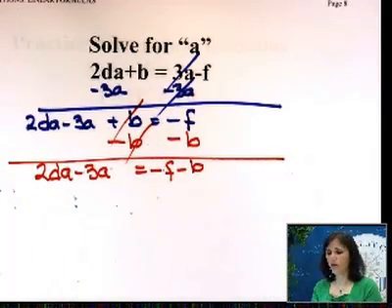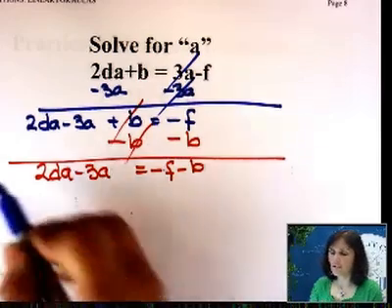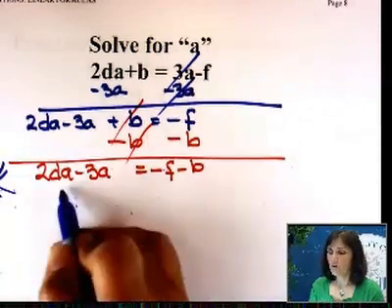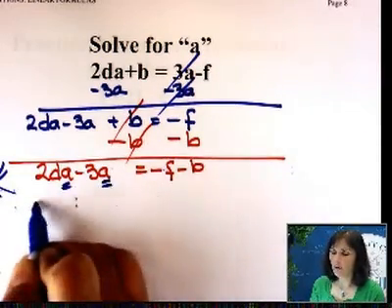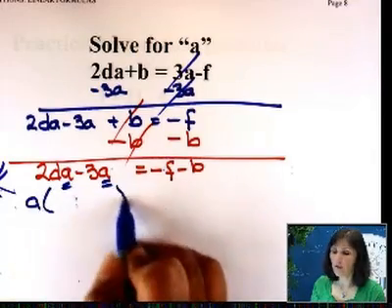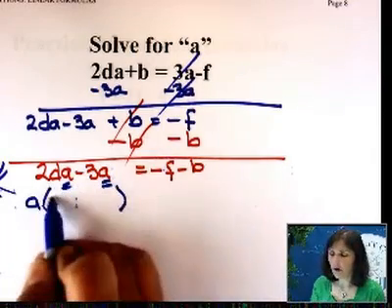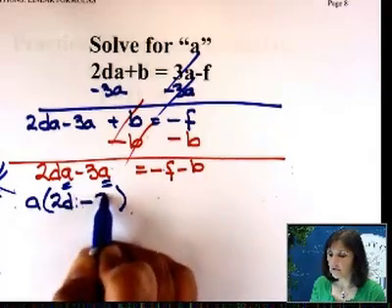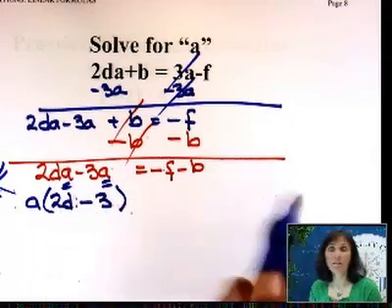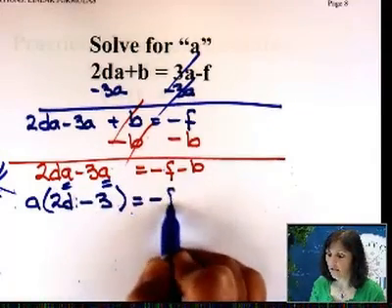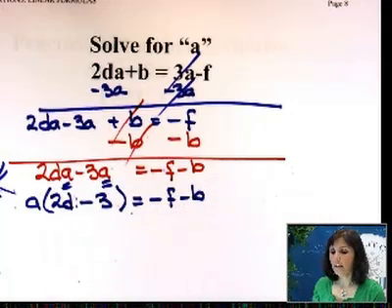All right, crucial step. Remember, I'll put my little asterisk in there. So A is repeating, distributive property. A out. You're factoring out 2d minus 3. These are not like terms, so leave them alone. Negative f, negative b. Guess what?